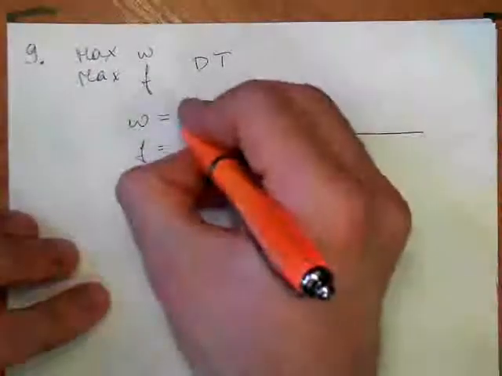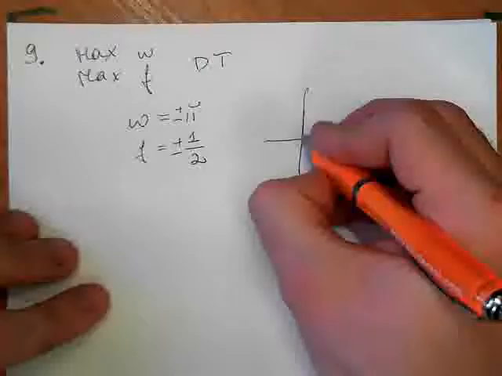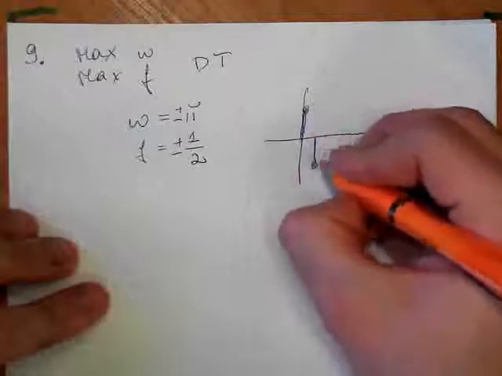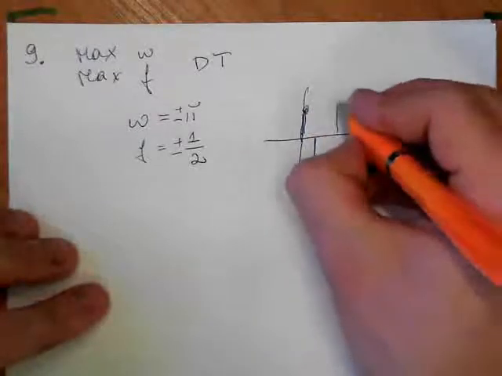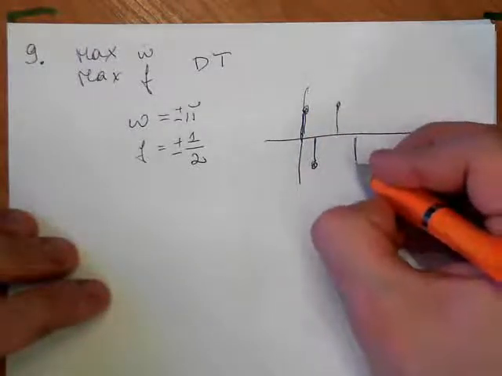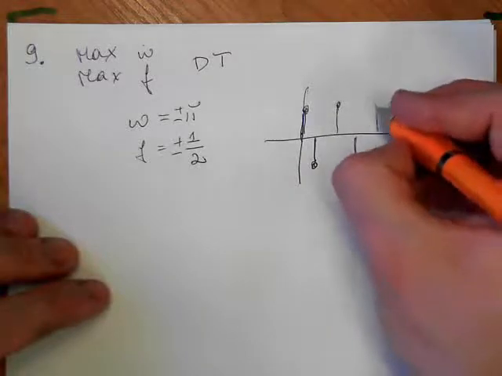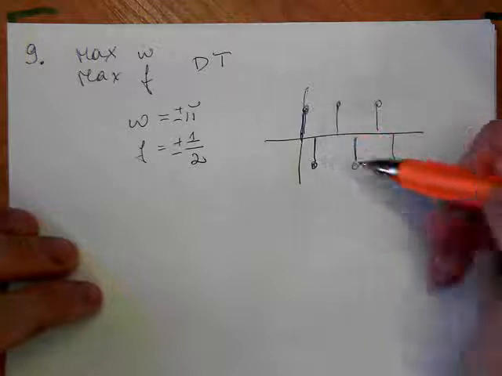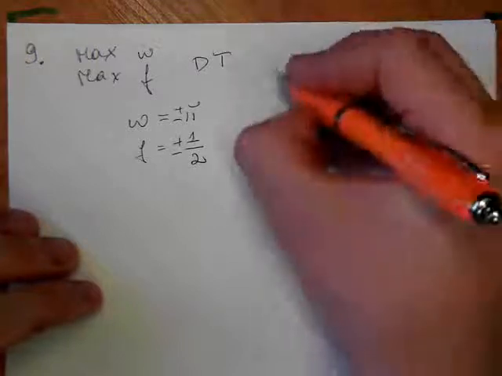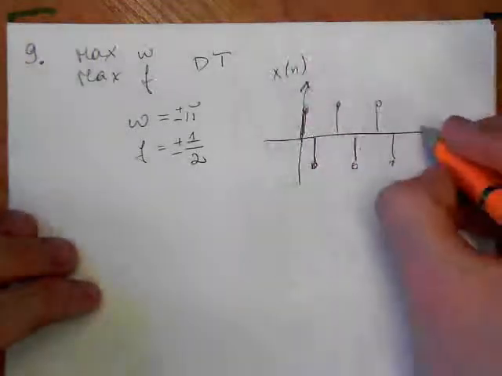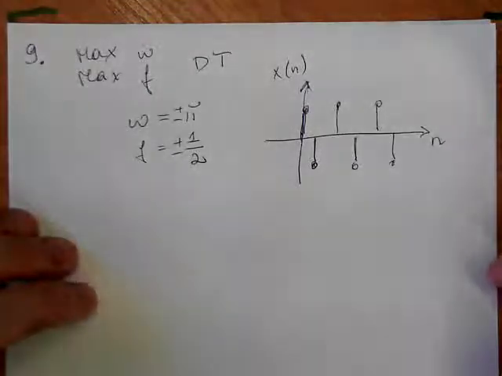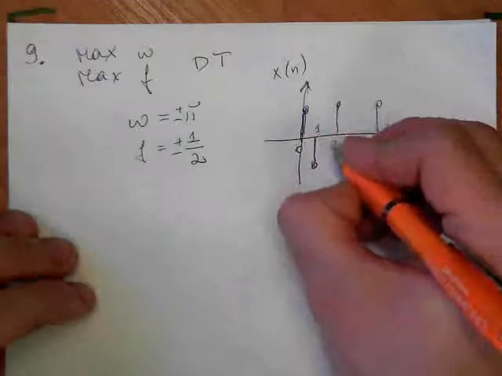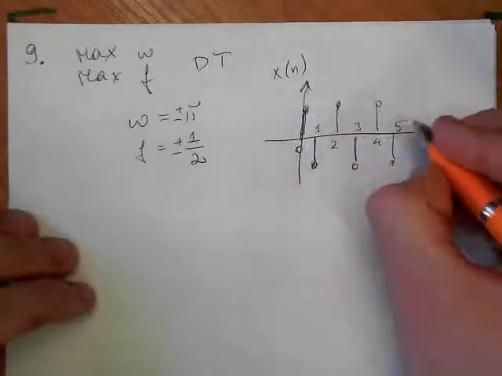Why is it a half? We can write it plus minus also, because one sample goes up to its maximum amplitude, one decreases down to its minimal amplitude, one goes to the maximum, one to minimum, maximum, minimum. So this is maximal amplitude, this is minimal amplitude. So this is xn, this is n. Should be clear that this is 2, 3, 4, 5.